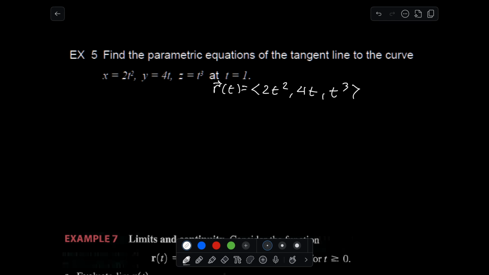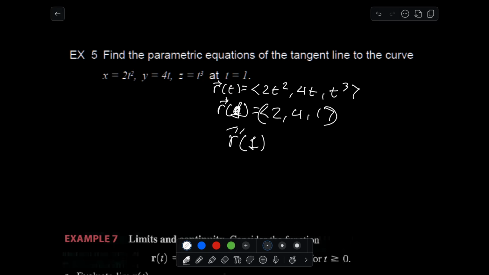And then we just solve for r of 1. So it's going to be 2, 4, and 1 as a point in space. And then r prime of 1, this is the tangent direction at t equals 1. Oh my gosh, I'm so sorry, this should be t equals 1.